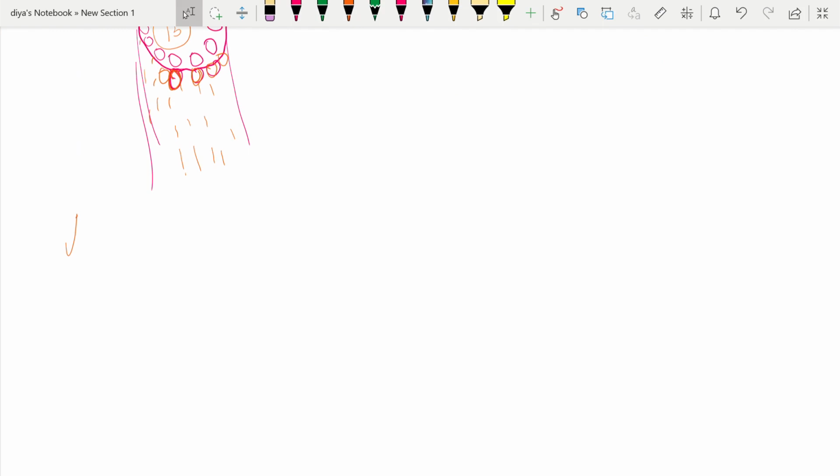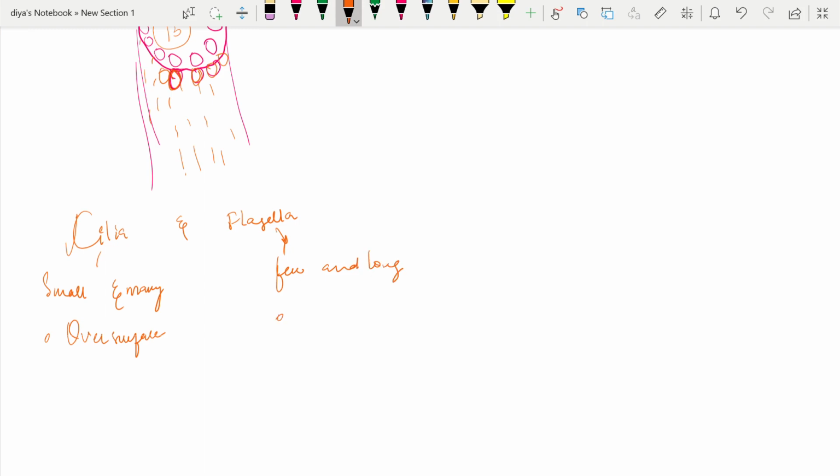But when coming to the cilia and flagella, you see a different thing. Cilia are small and many, present over the surface, whereas flagella are few and long, found at the end. These form the 9 plus 2 arrangement.